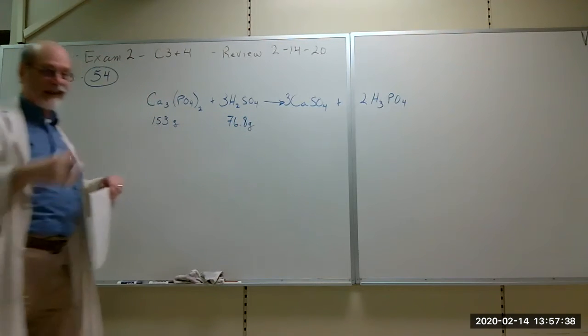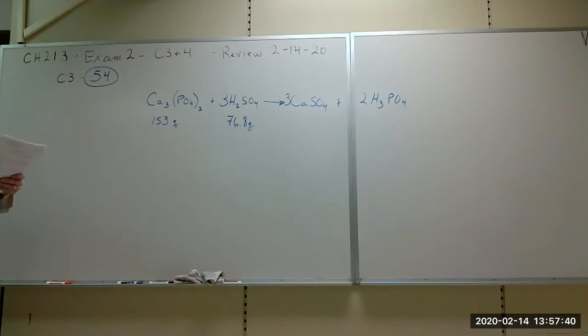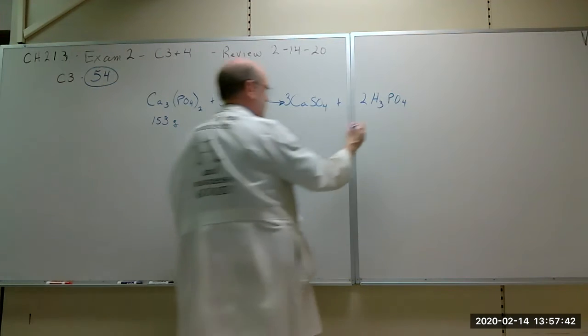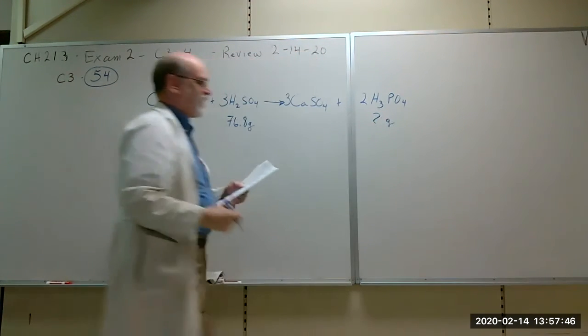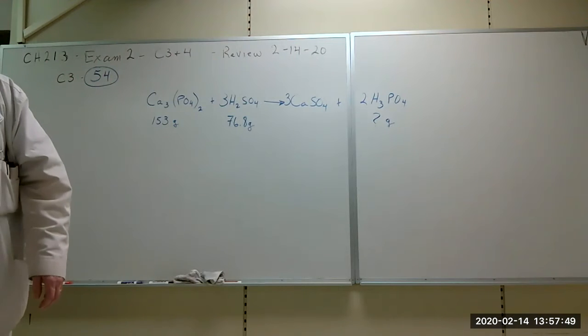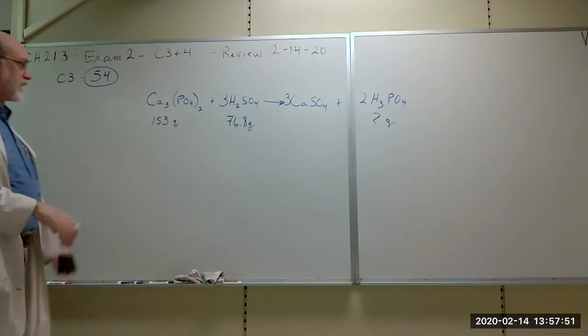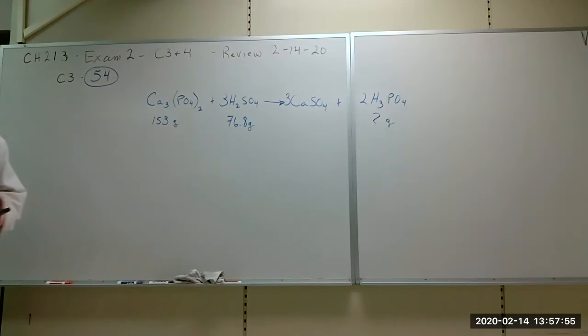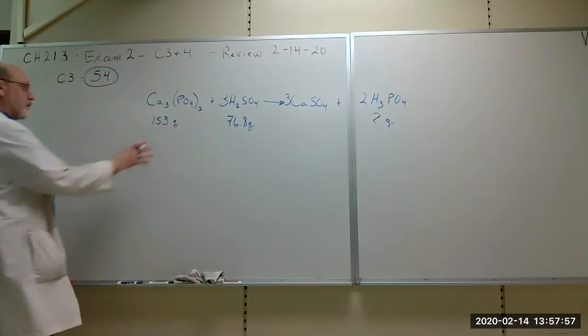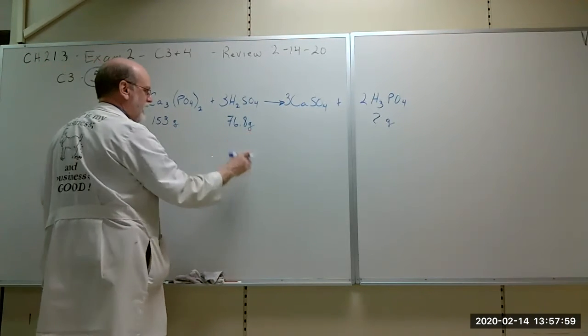We're asked how much phosphoric acid is produced, so how much mass of that is produced. Okay, so how do we get there? Remember, we can't go anywhere unless we're in moles. So we've got to convert this one to moles and that one to moles.